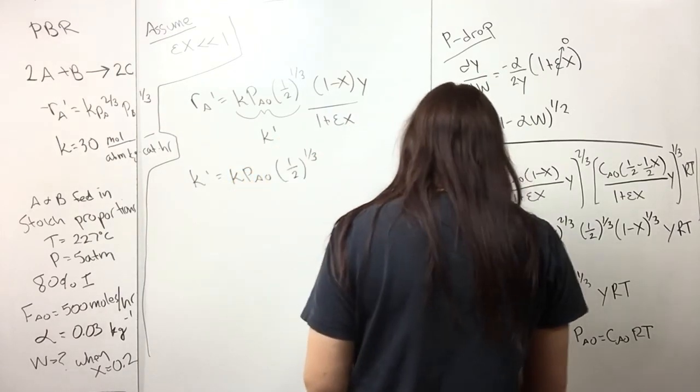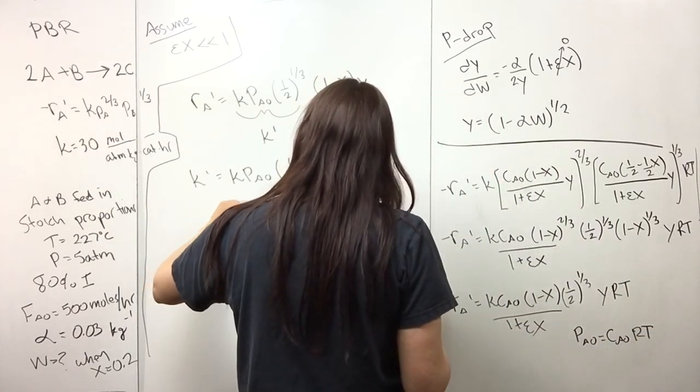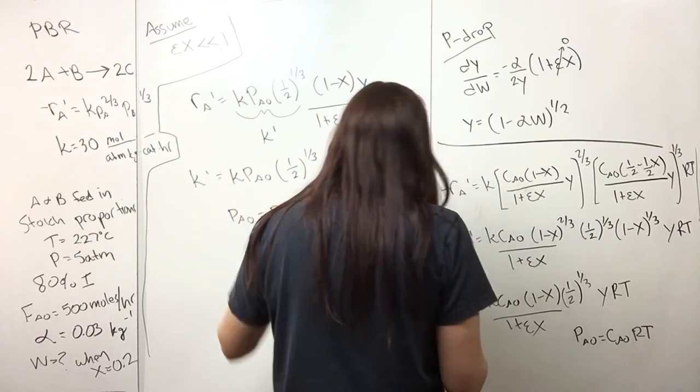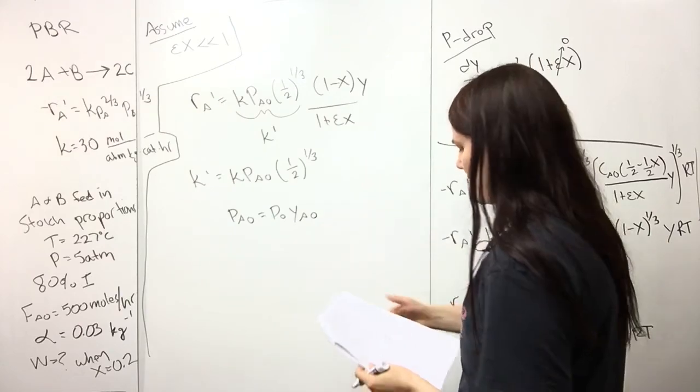I know that PA naught is equal to P naught YA naught, and I can figure out what YA naught is from the stoichiometry.